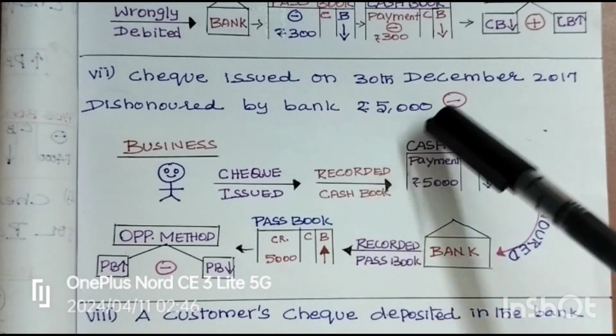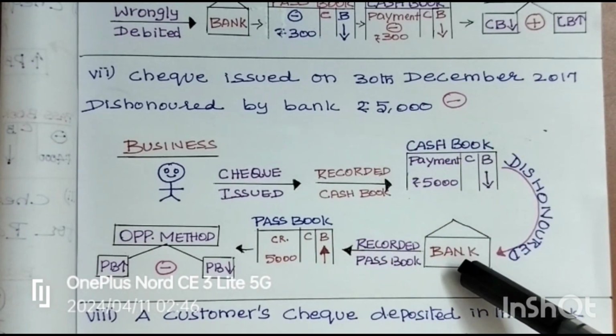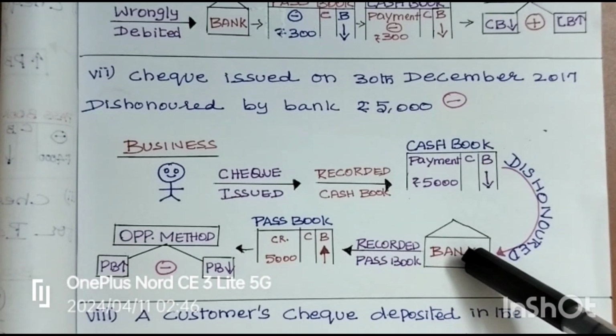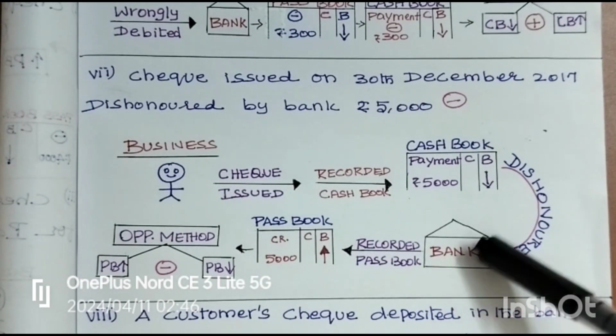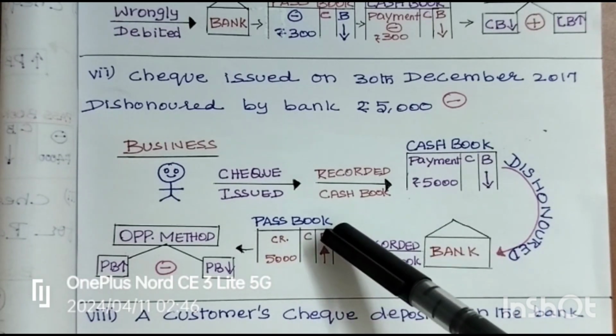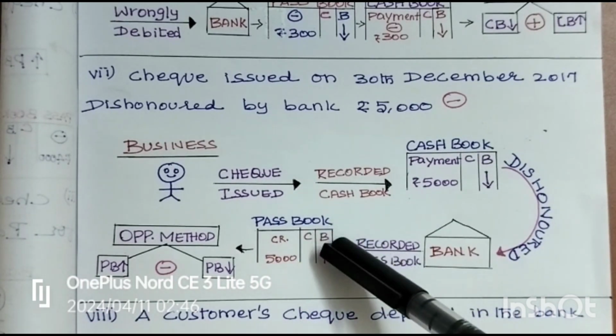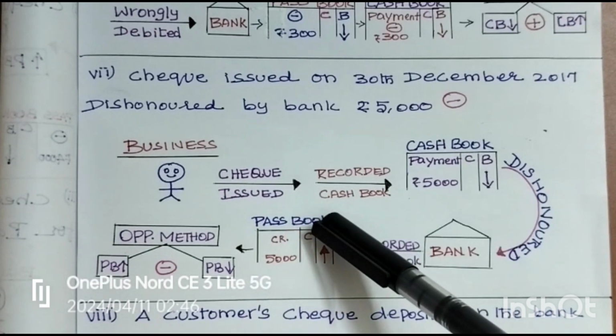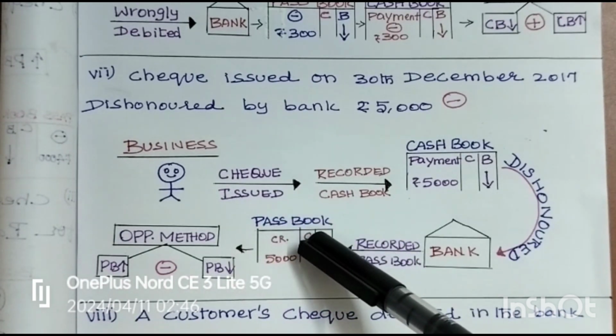But you are not making the payment on due date, so the bank passbook shows 5,000 rupees increased.